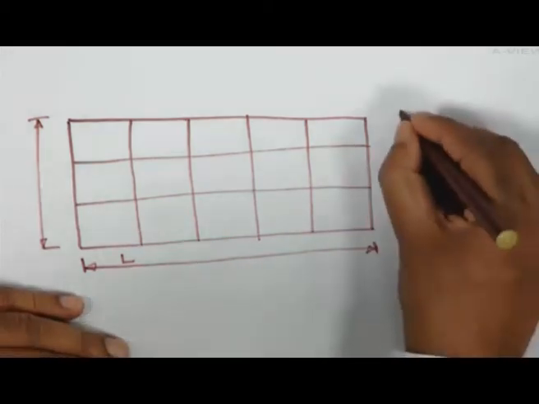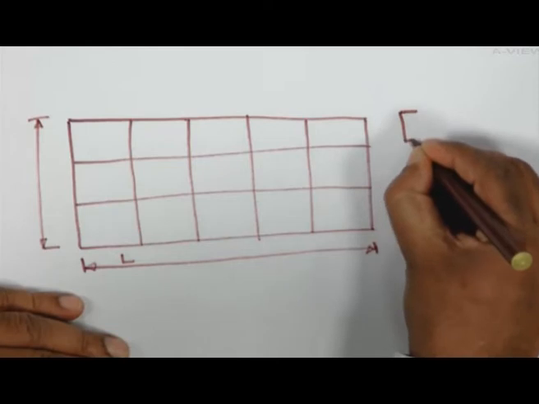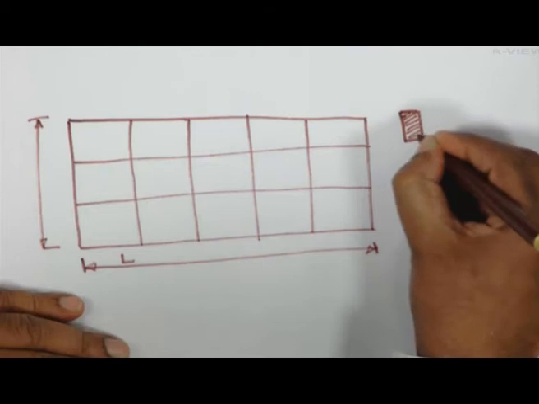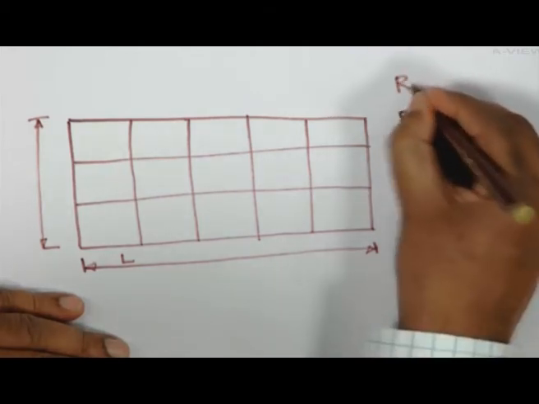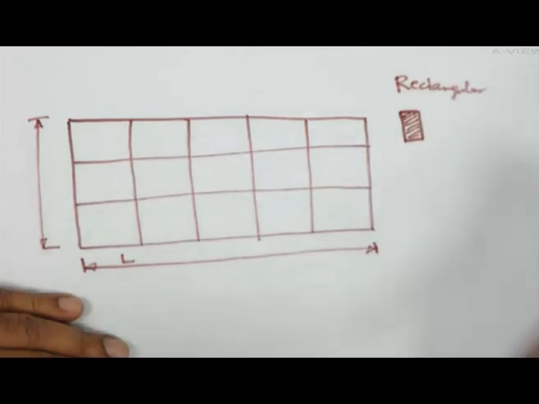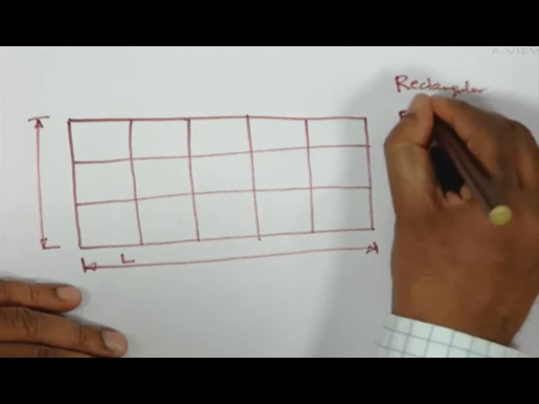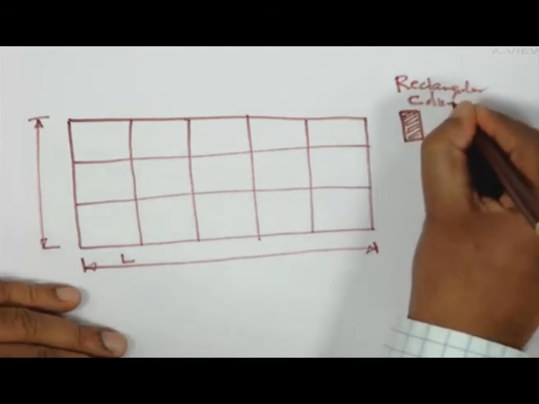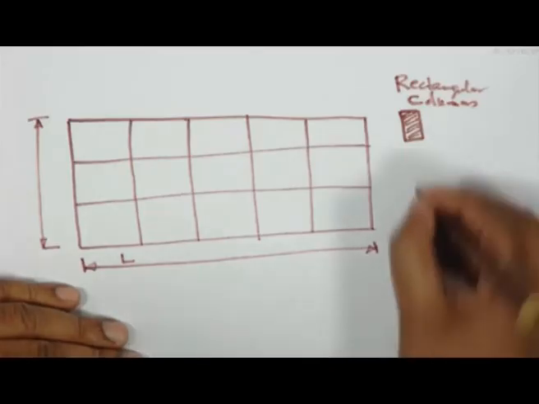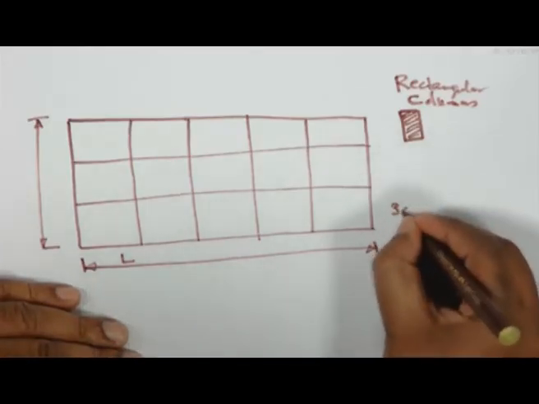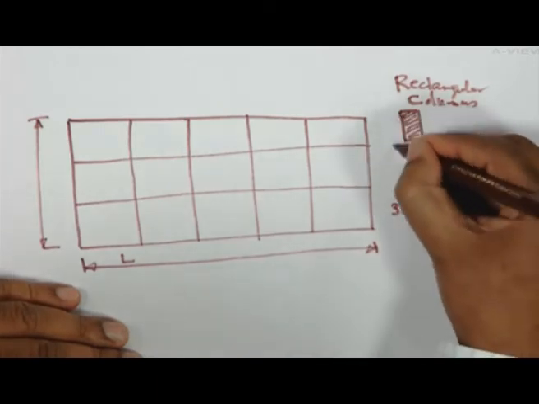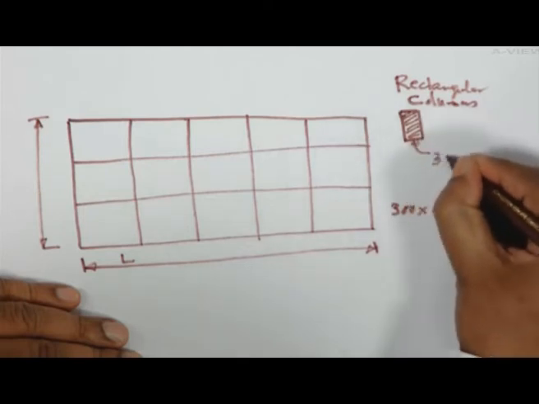I have rectangular columns, just to give you an idea. So these are your rectangular columns. Let us consider this one as 300 by 500. This is 500, this is 300.